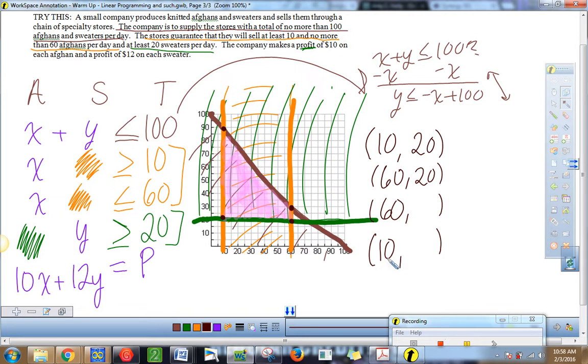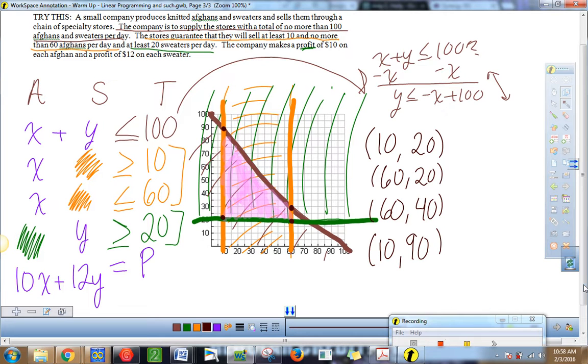So if x is 60, what's y have to be to get 100? It should be around 40-ish, right? Yours probably looks better than mine. And if this guy's 10, what's this guy got to be? 90, right? That's pretty good.